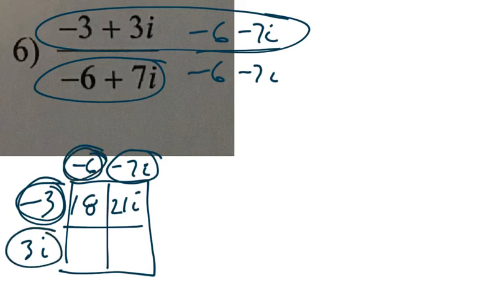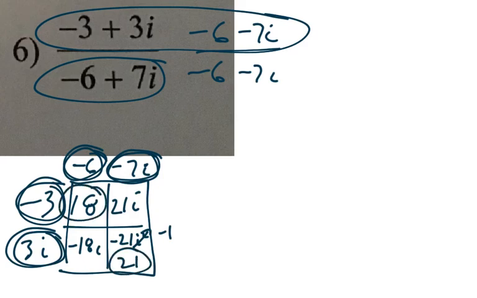Negative 6 times 3i, negative 18i. And then finally, negative 7i times 3i, negative 21i squared. But i squared is negative 1, so we get positive 21.